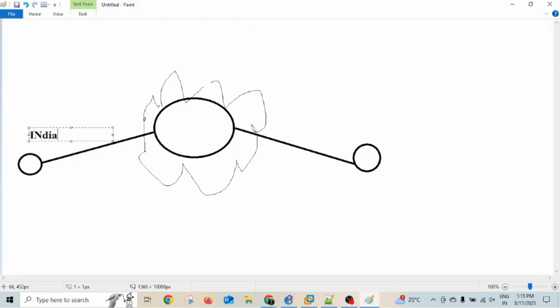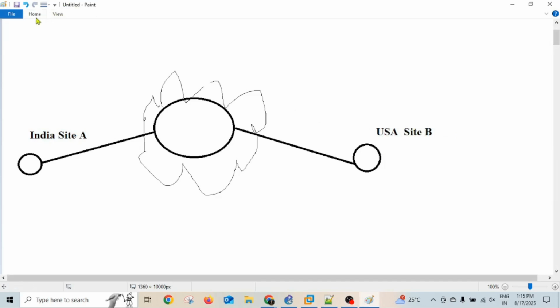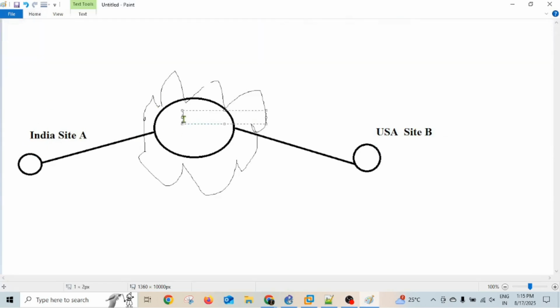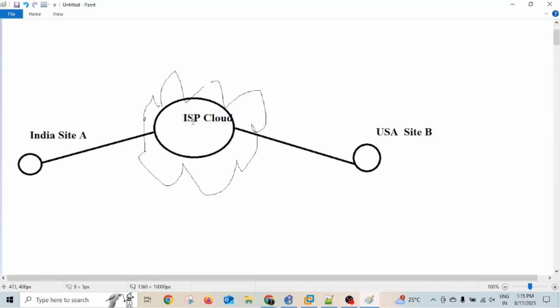This is India, site A, and here also USA, site B. It will be the ISP cloud. So this is the ISP cloud.